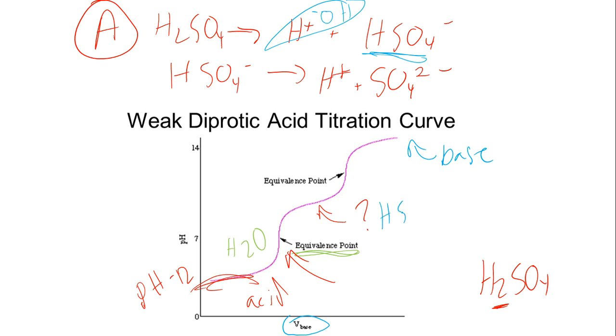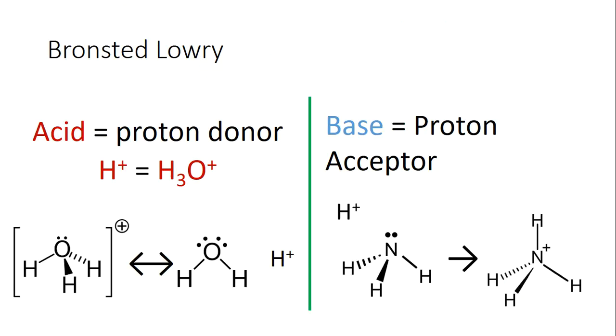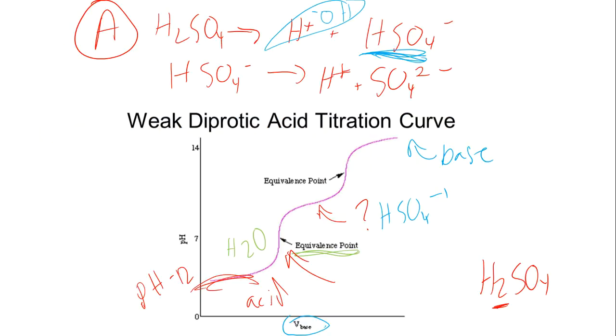And that's what happens here. What's happening here is you have HSO4 minus 1, this stuff here. And because of that, adding more hydroxide, adding more OH can rip off that last proton and become SO4 2 minus, which is even more basic. And that is what's happening here.